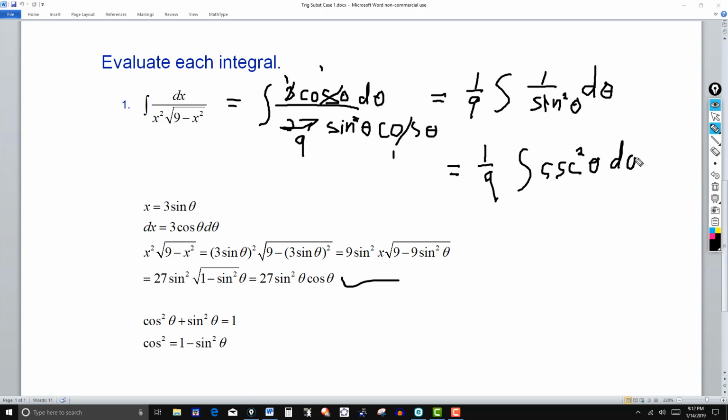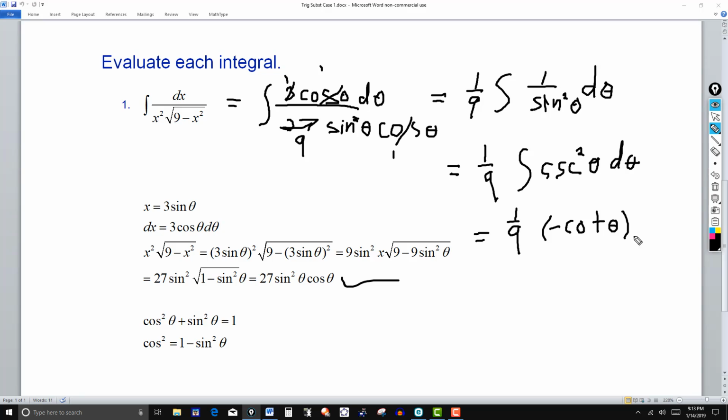That's one of your basic integrals for trig functions. This is going to be 1/9, and the antiderivative of cosecant squared theta is minus cotangent theta. And then you have your constant of integration.